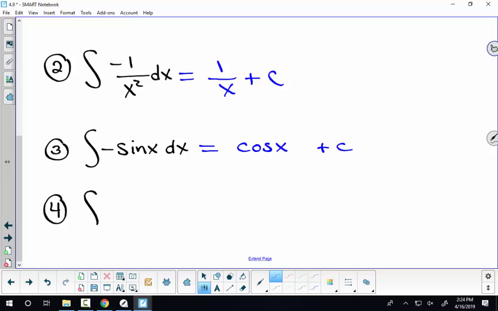Okay, what's the antiderivative of e to the x with respect to x? Right, the derivative of e to the x is e to the x.